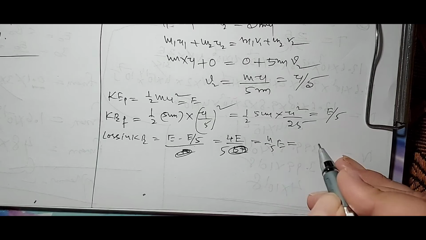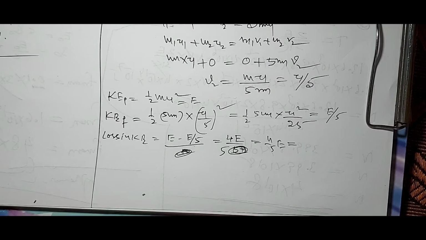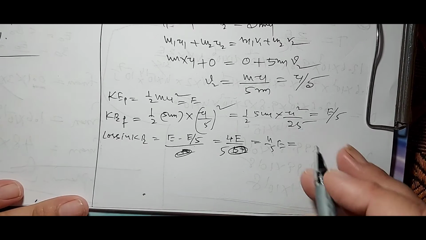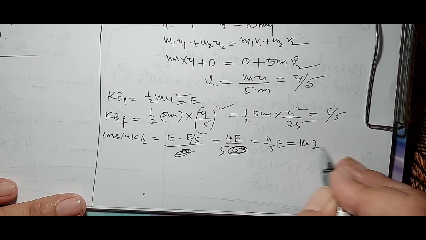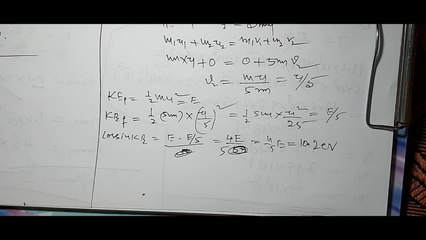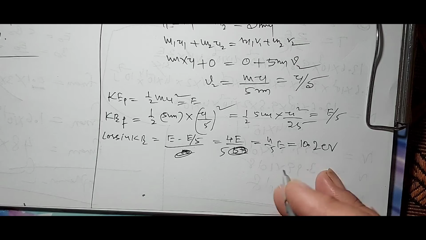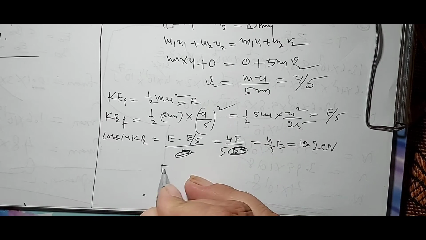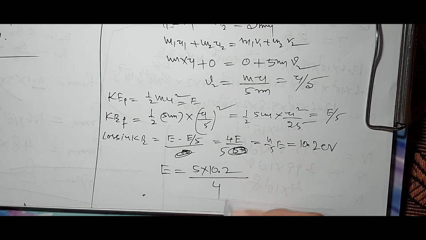This kinetic energy is used for the hydrogen atom to jump into the excited state, first excited state. So, that is 10.2 electron volt. This is the energy required to jump to the excited state. This energy is utilized for the hydrogen atom to jump into the excited state. Now, we find the kinetic energy E is equal to 5 into 10.2 divided by 4.